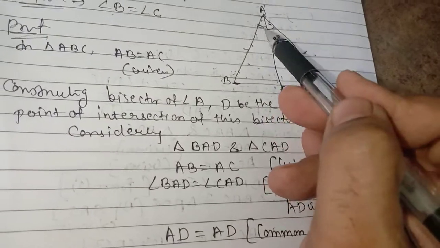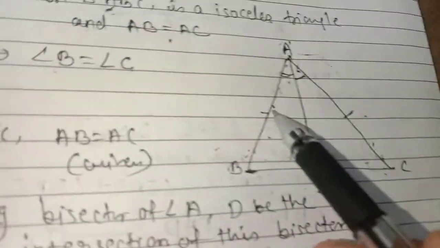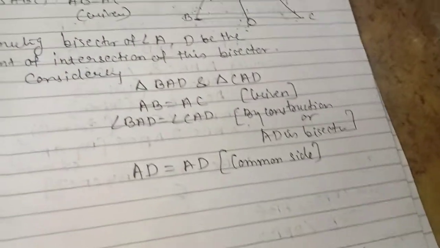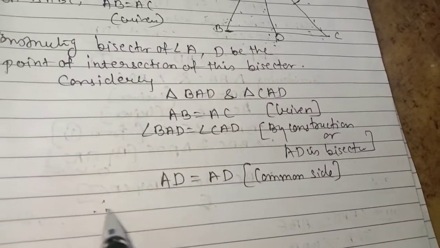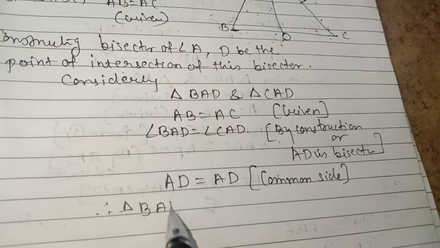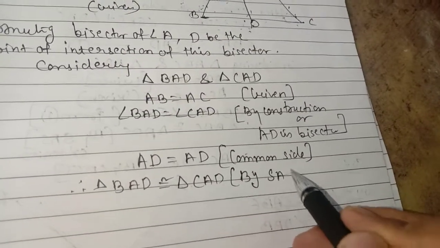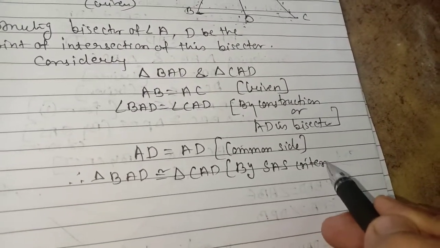Side, angle, side. You can see clearly here side, angle, side and side, angle, side. Therefore triangle BAD is congruent to triangle CAD by the side, angle, side congruency rule.